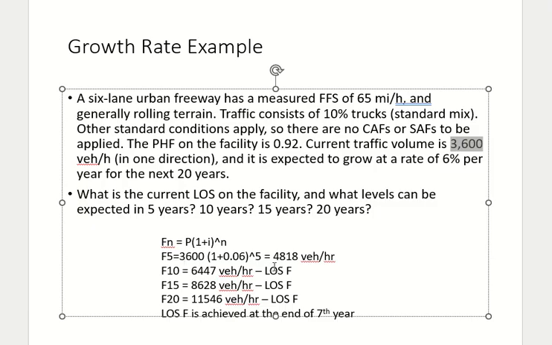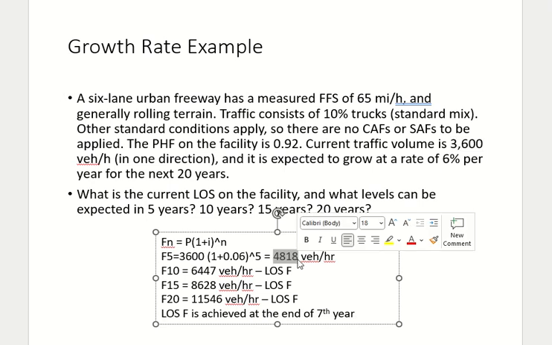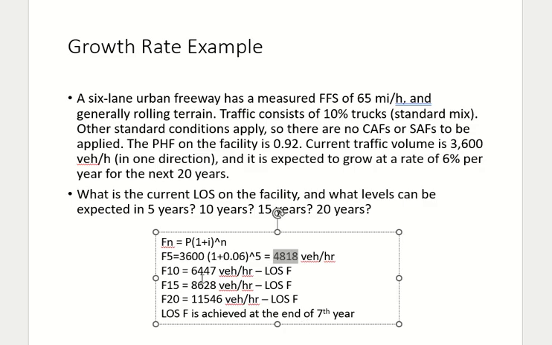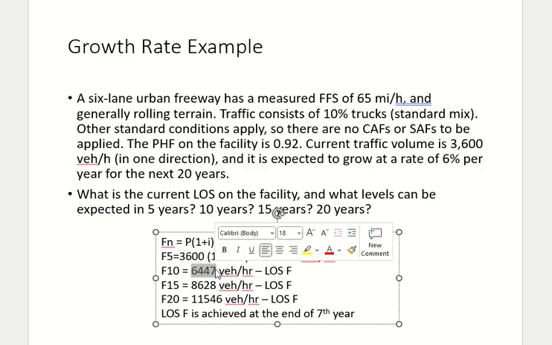Then at year 5, my volume is 4800 something. So C is not possible, D is also less than 4800, so I can only have E. At year 10, the volume is 6400.